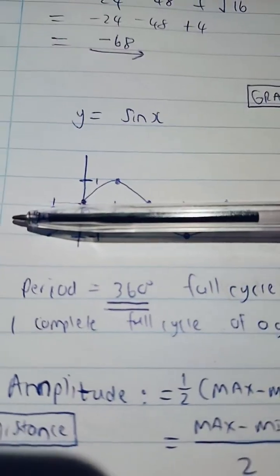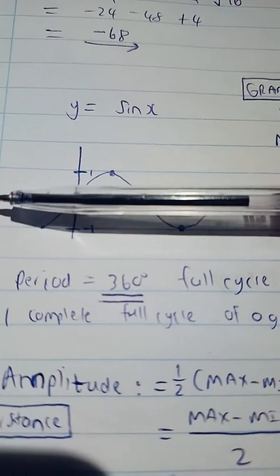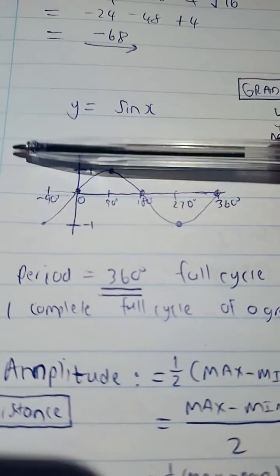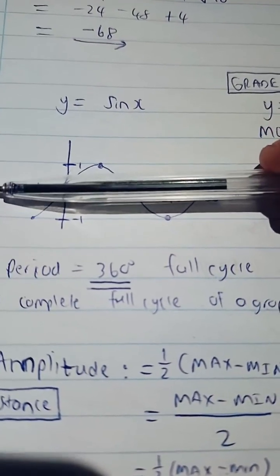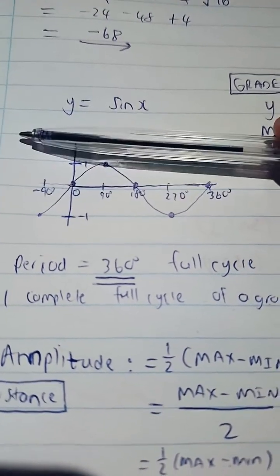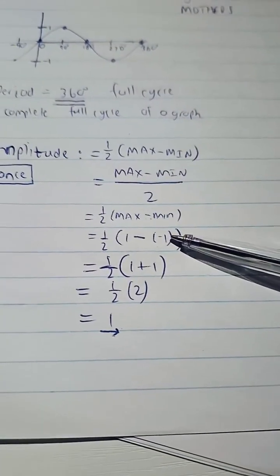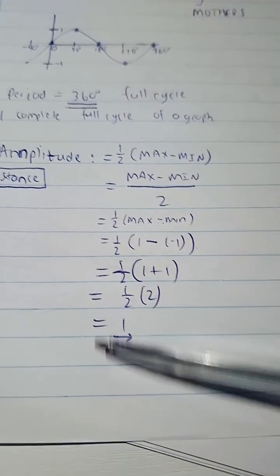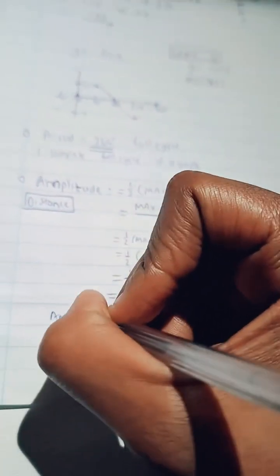Remember I said amplitude is the distance from the position of rest to the maximum. The rest here is 0. The maximum is 1. The distance is positive 1. And if we do the calculation, we can clearly see that it is supported. The amplitude truly is, in this situation, 1.